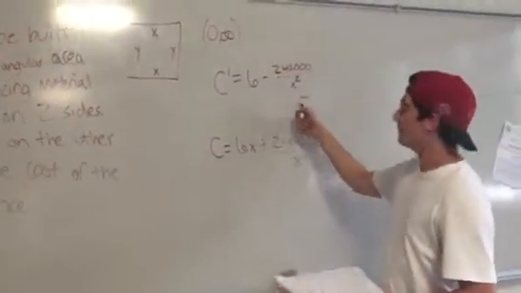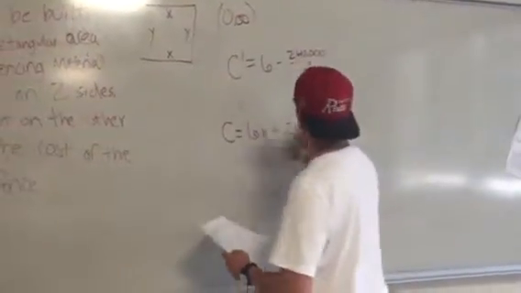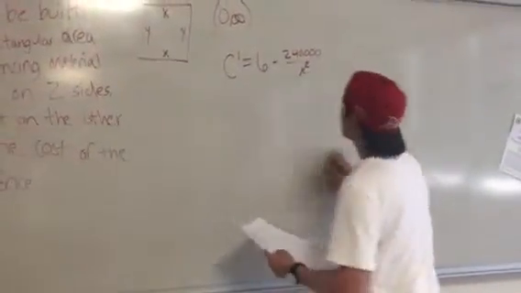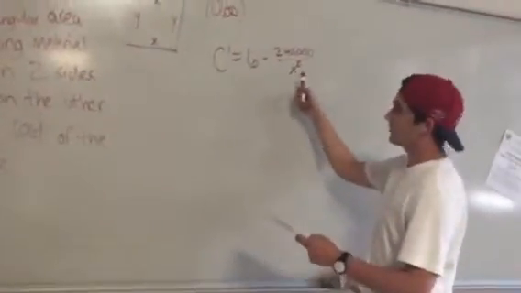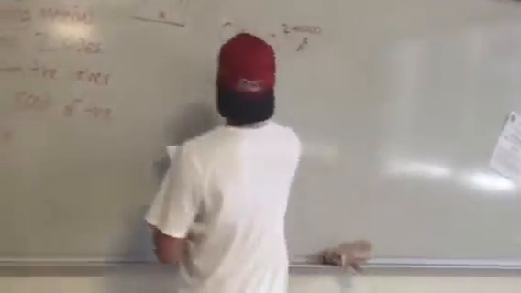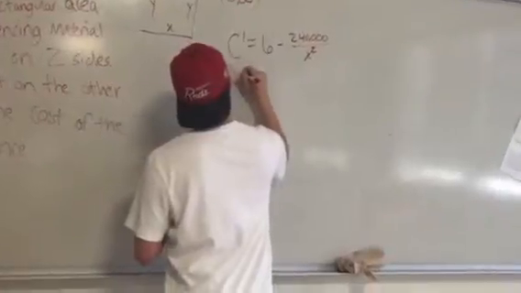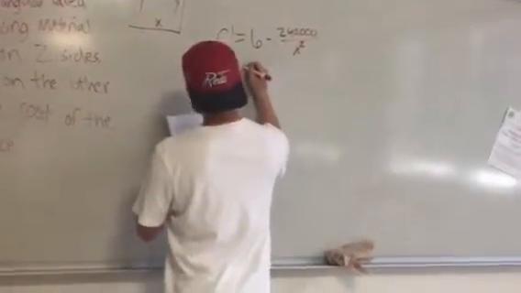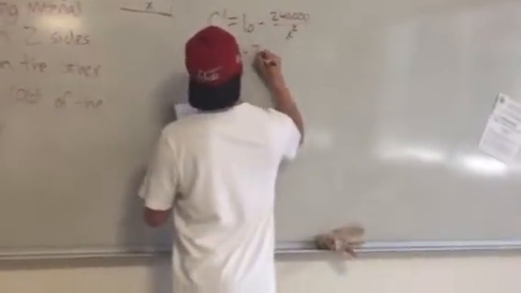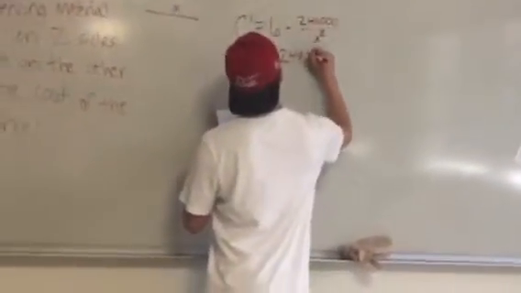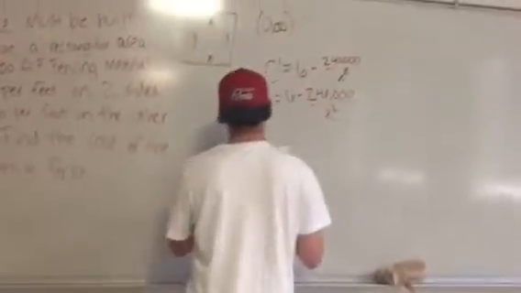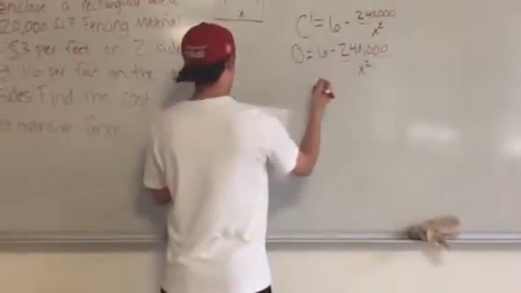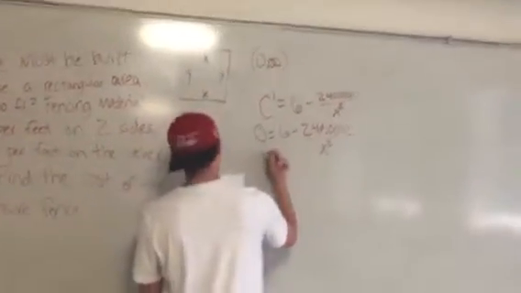Okay, so we have our derivative. Once we have our derivative, we're going to solve for 0 in order to find x. So let's write 0 equals 6 minus 240,000 over x squared.